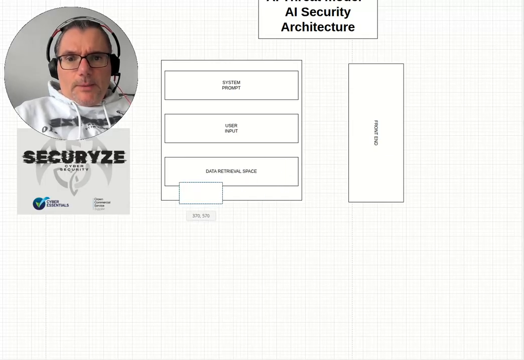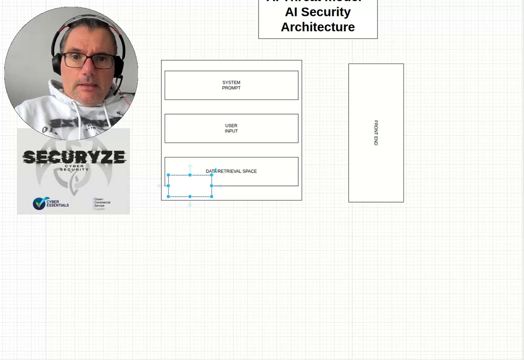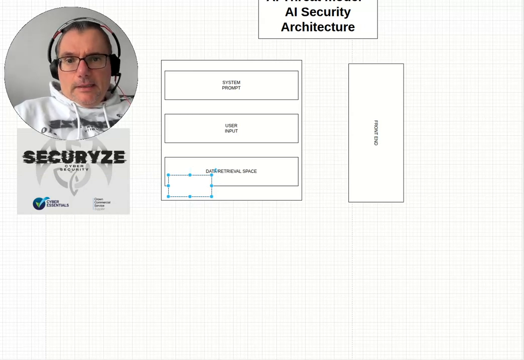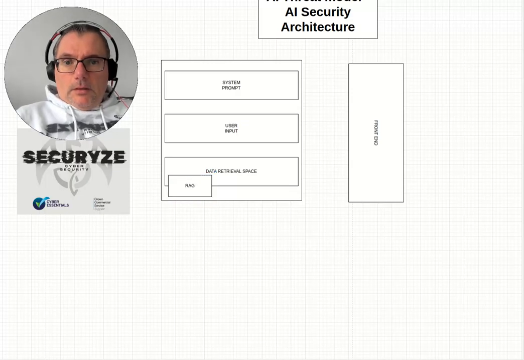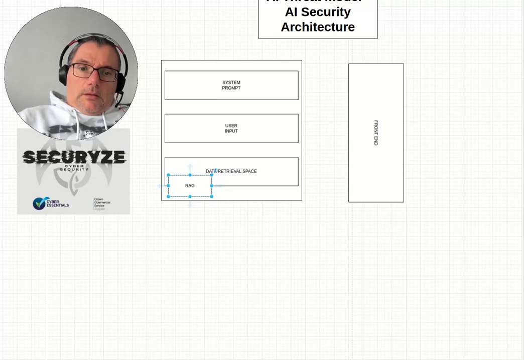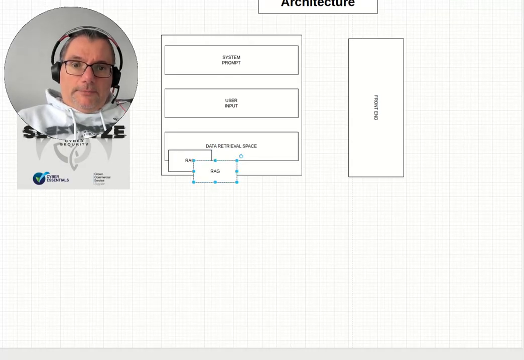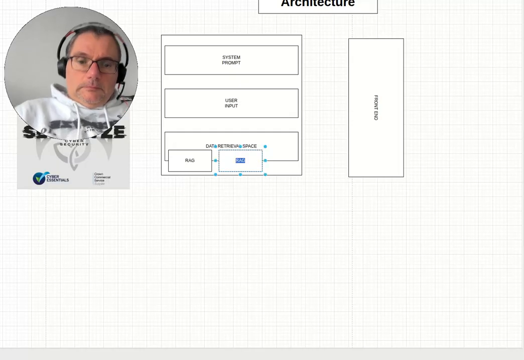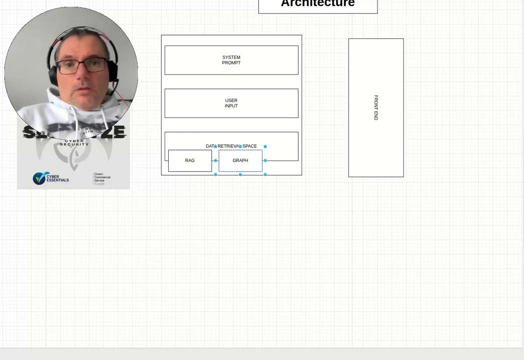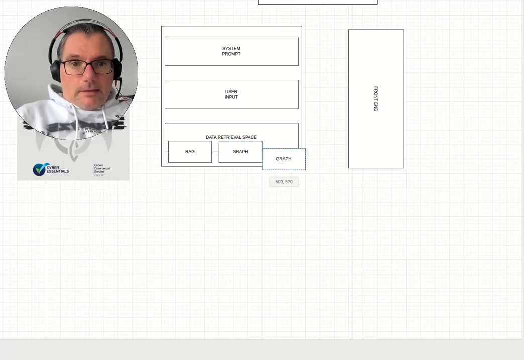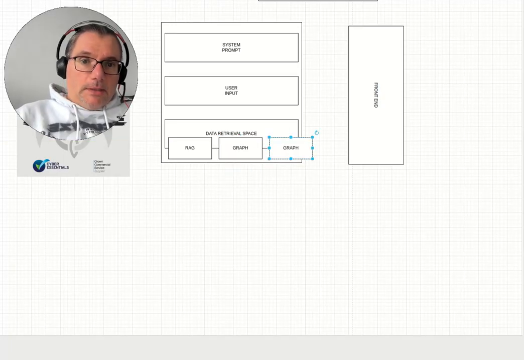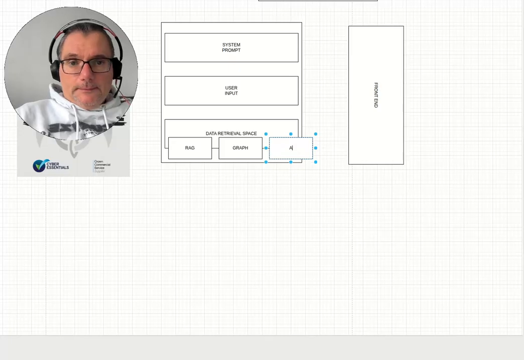The retrieval space can be made of something like a RAG, a graph, something borderline like Iceberg, Apache-alike.